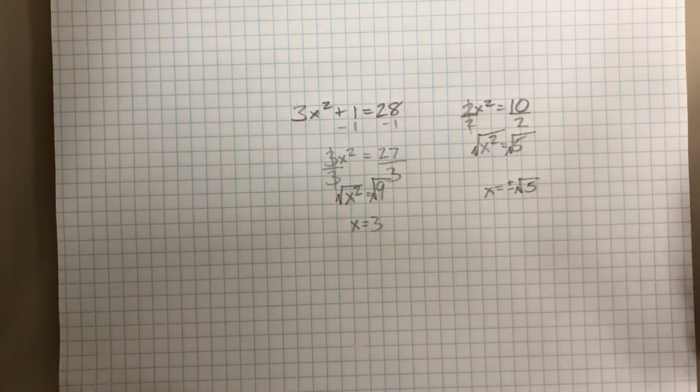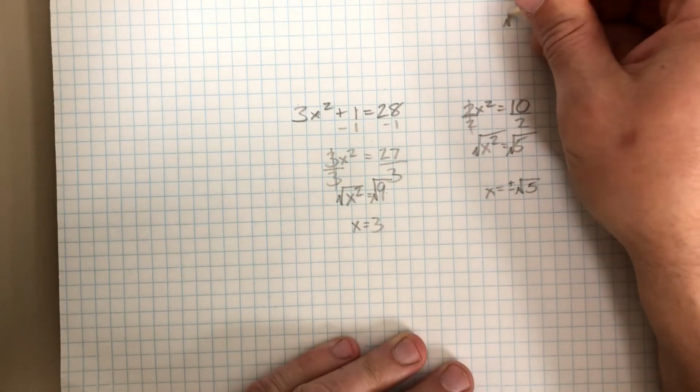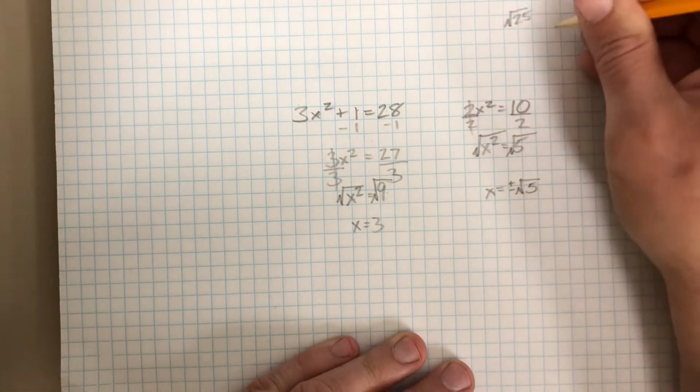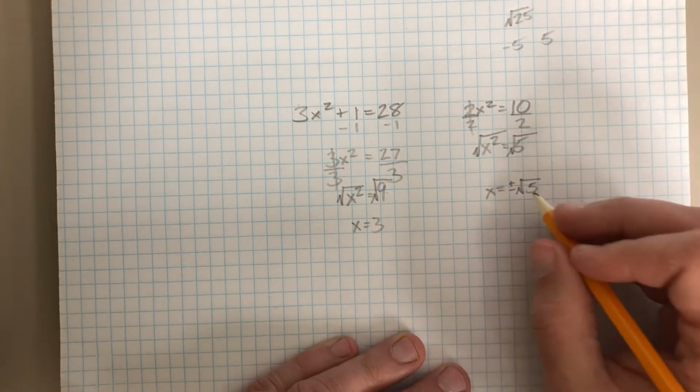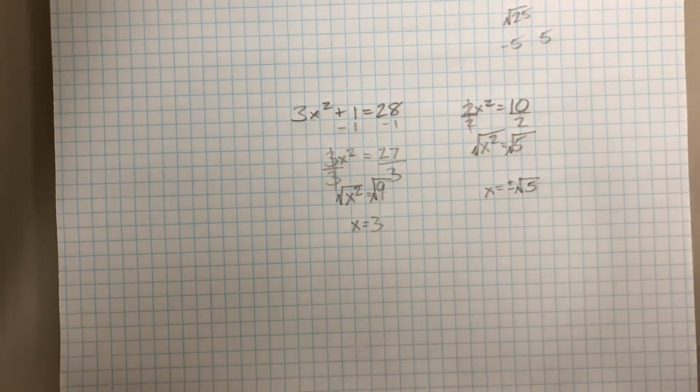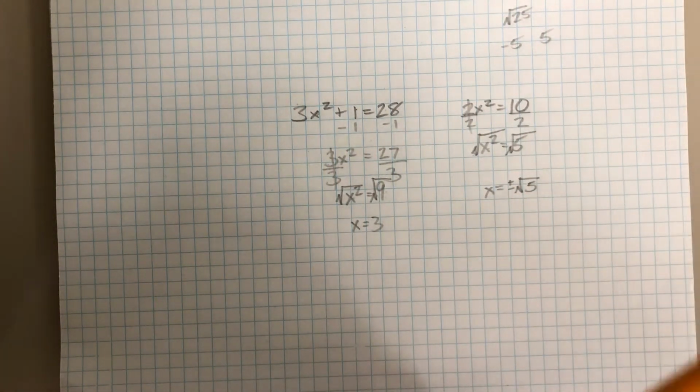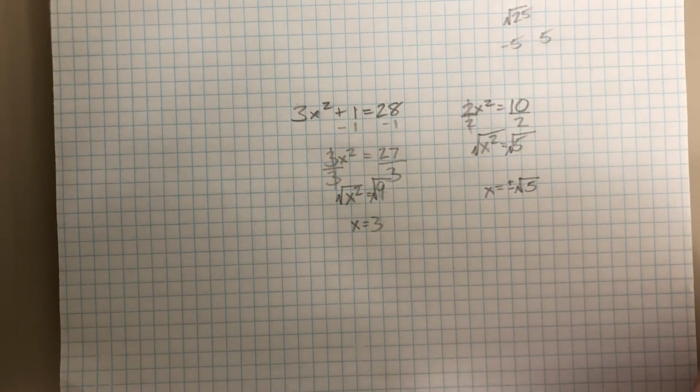Because negative 5 times negative 5 is 25, and positive 5 times positive 5 is 25. So if we had the square root of 25, that could either be a negative 5 or a positive 5. So in this case, the square root of 5 could either be a positive or negative, whatever that decimal number is.